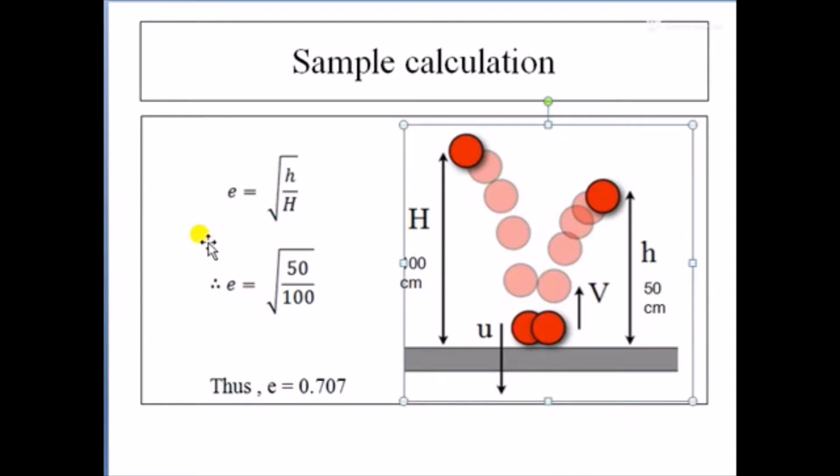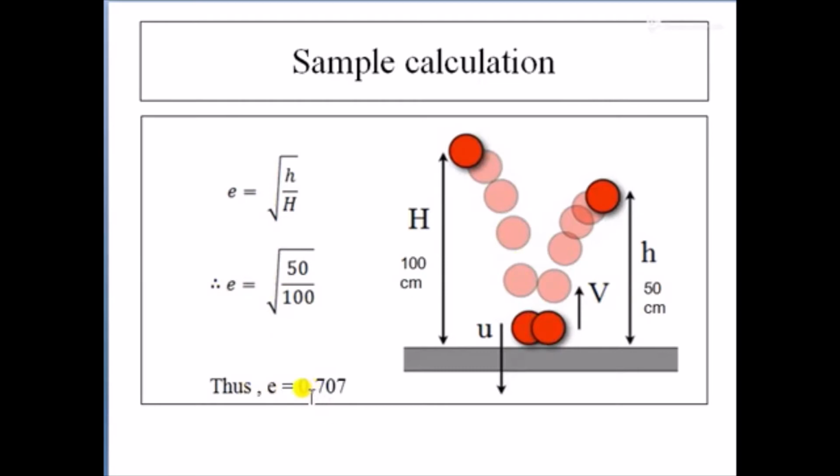Based on our formula for coefficient of restitution, E is equal to under root of small h upon capital H, where the value of small h is 50, the value of capital H is 100, and we take the ratio, get the value of E as 0.707.